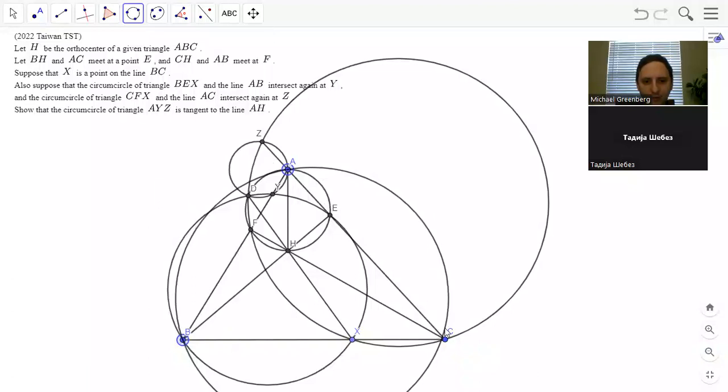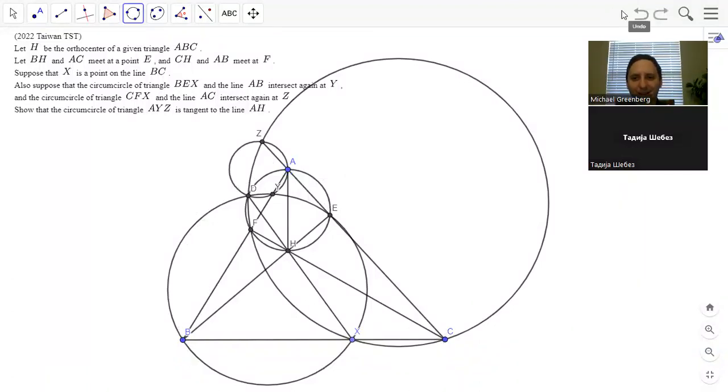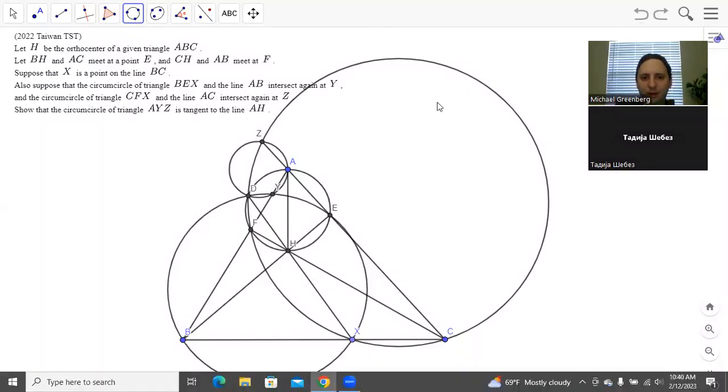But what I saw is that you can invert at H with radius HE times HB, and then reflect everything around H. Okay. And then X would go to D, and circles BXC and CXD would stay the same.